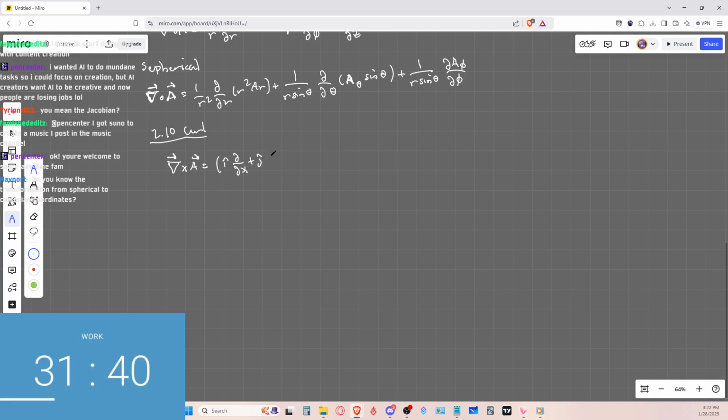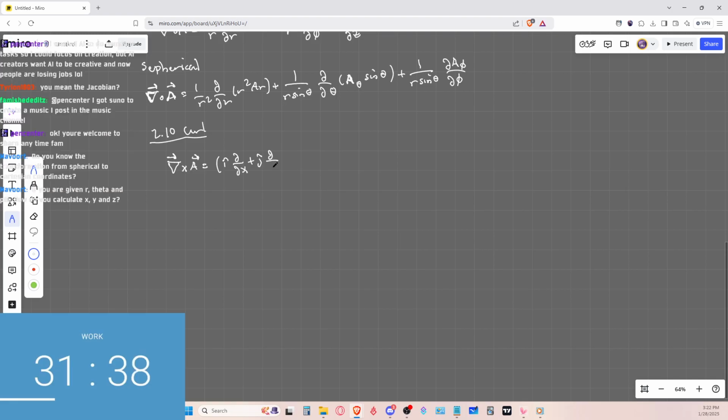But then again, vectors are more than just arrows. So curl is sort of like the derivative version of the cross product. That's what I interpreted when I first learned it.